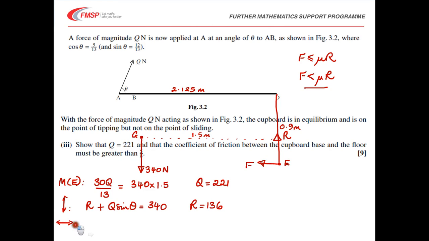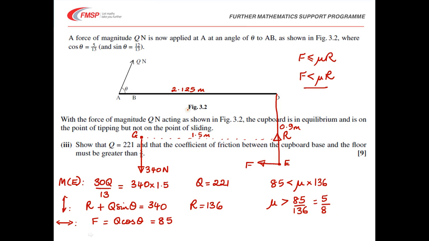If we work in the horizontal direction, the horizontal forces are F and the horizontal component of Q, and those must equal each other. So F is Q cos theta, which means that F is 85 newtons. We know that F is less than mu R, so 85 is less than mu times 136, so mu is greater than 85 over 136, which does indeed equal the 5/8 that we were asked to demonstrate.